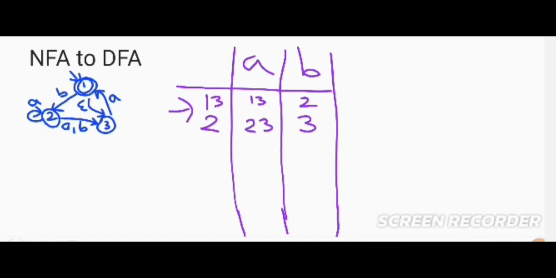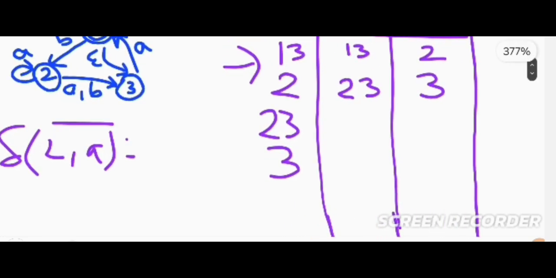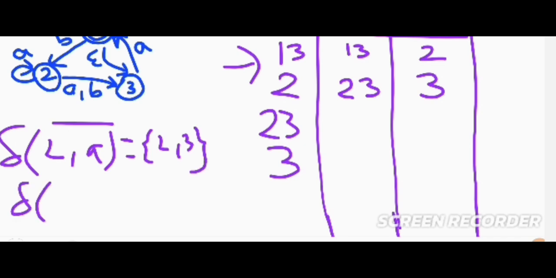Again, we have two new states here, 2, 3 and 3, and we need to know the transitions from these two states. We put them in the rows of the transition table. Now from 2 with A, the result will be 2, 3, and from 3 with A, the result will be 1, 3.